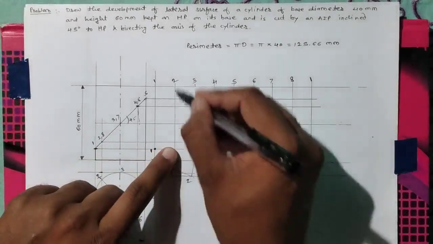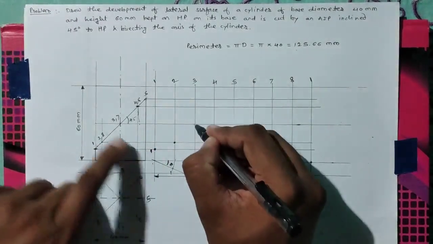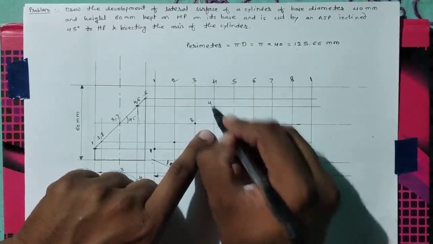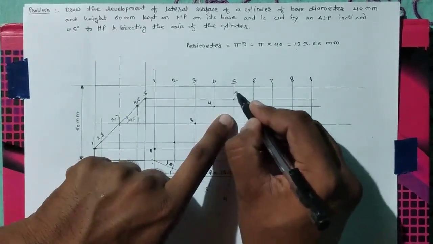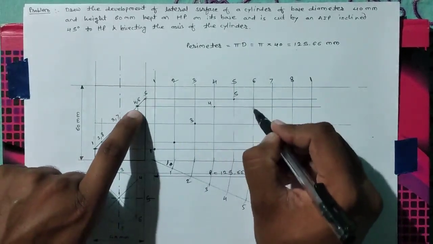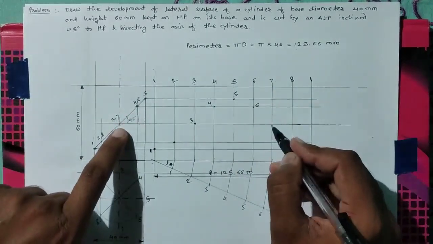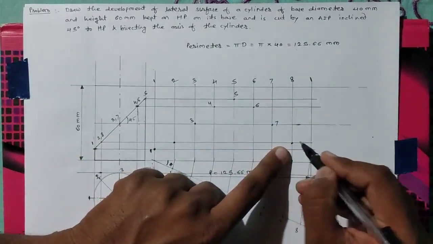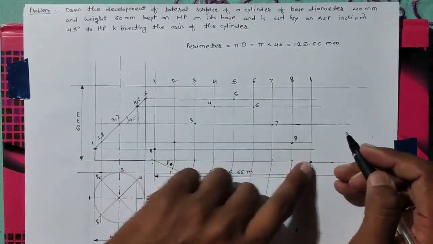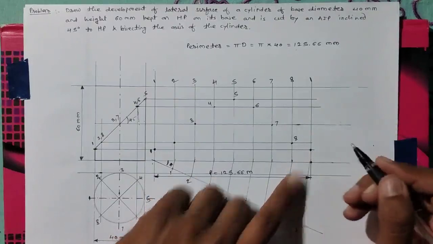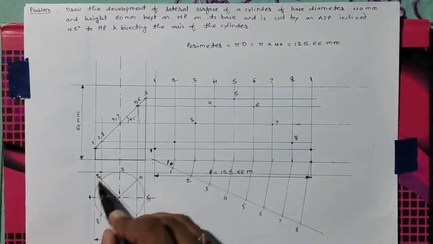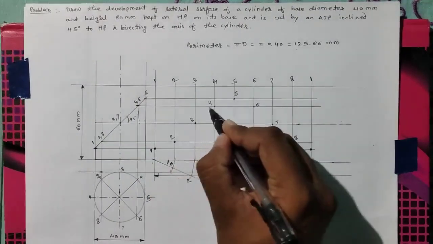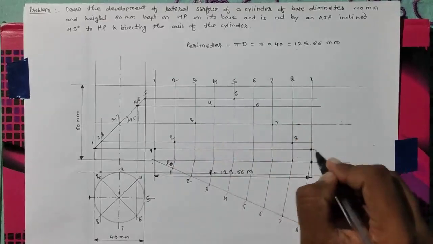Here is 2, here is 2, here is 3, here is 3, here is 4, here is 4, here is 5, here is 5, here is 6, here is 6, here is 7, here is 7, here is 8, here is 8, and the last point here is 1, and here is 1. This completes the points from 1 2 3 4 5 6 7 8 up to again 1.